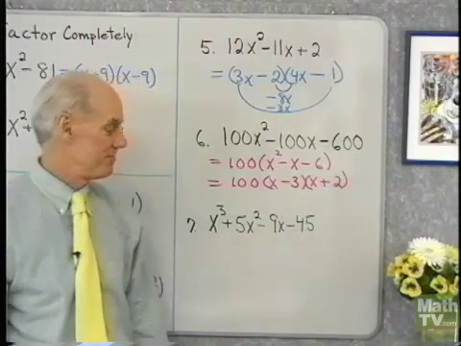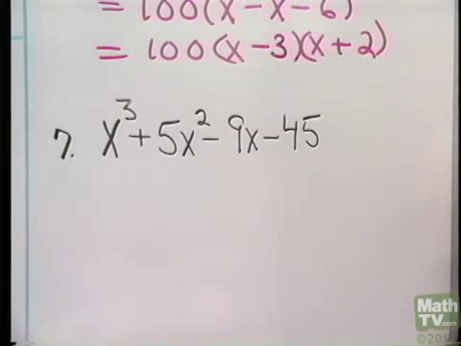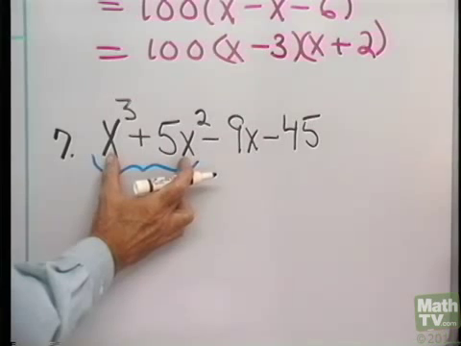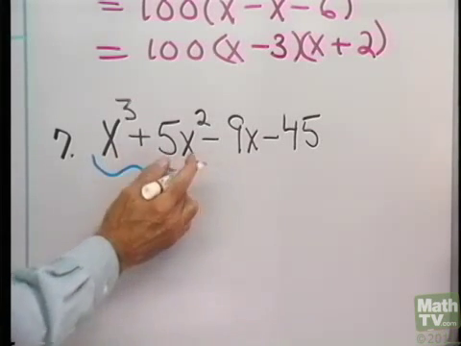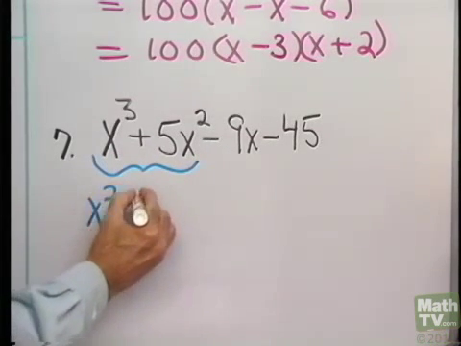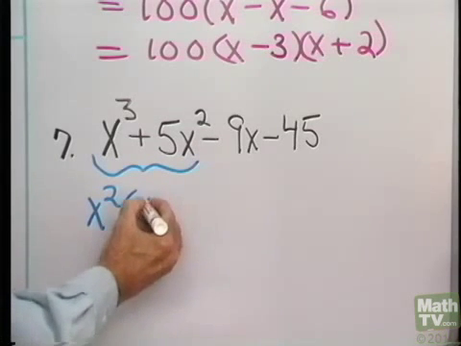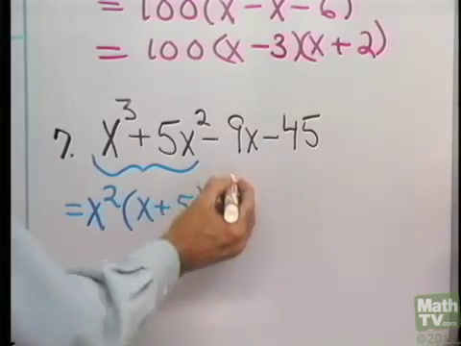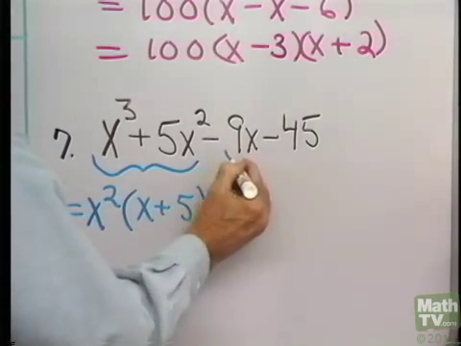One last problem. Here I have 4 terms, and I see no greatest common factor other than 1 for all the terms. So this is the situation where I want to try to factor by grouping. I'll group these first two together, and I'll take out whatever greatest common factor they have, which is x squared. So I factor out x squared, and I get x squared times x plus 5. Put my equal sign in. Now these two terms, I want to put those together.